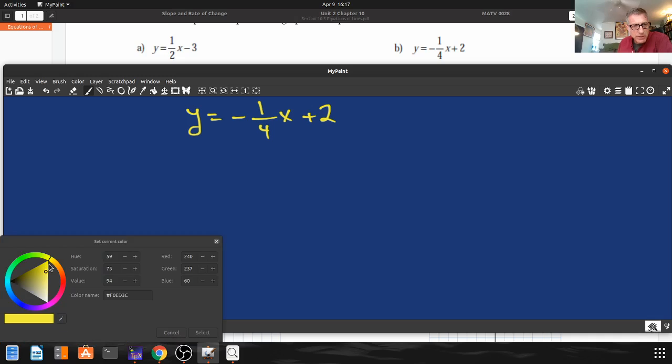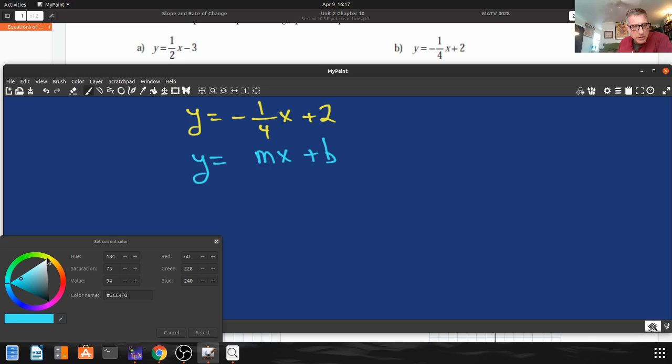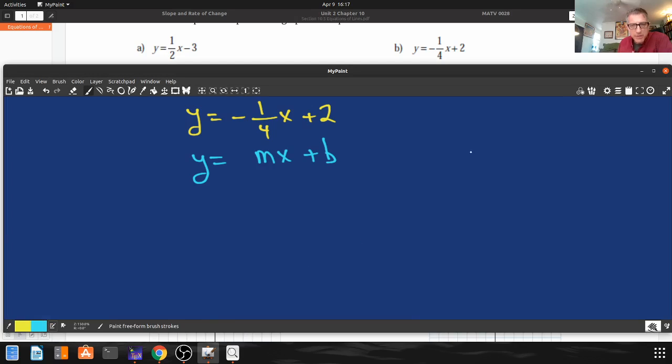You should really do this until you're really used to things. Underneath of it, write your general form of the slope-intercept, y is equal to mx plus b. Now, collect all of your information. m, our slope, is equal to minus 1/4.